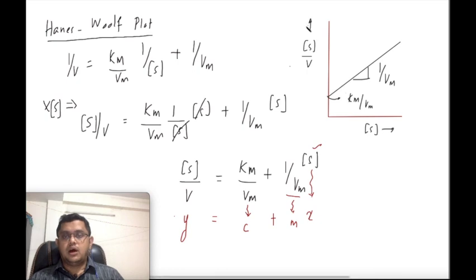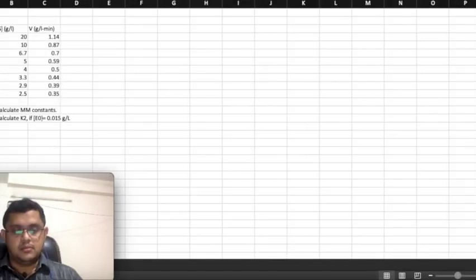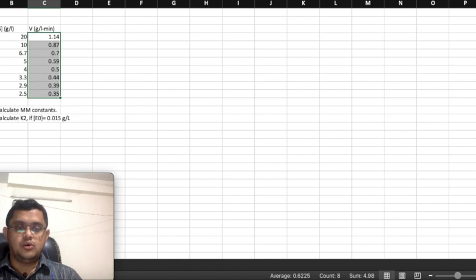Now we are going to see how to solve a problem based on constant determination. This is the experimental data that we get from the enzymatic reactions. Here this is the S value, the substrate at different substrate concentrations, and they calculate what the V is.